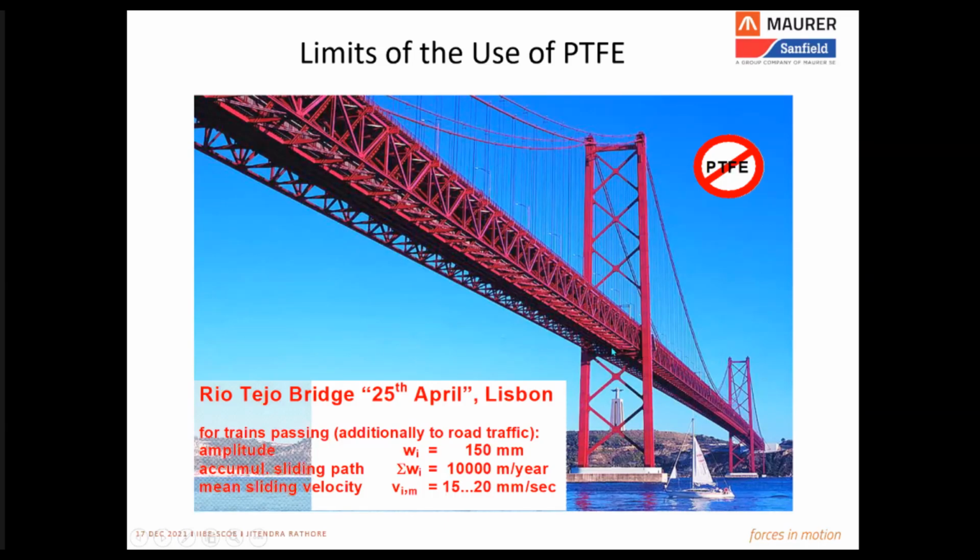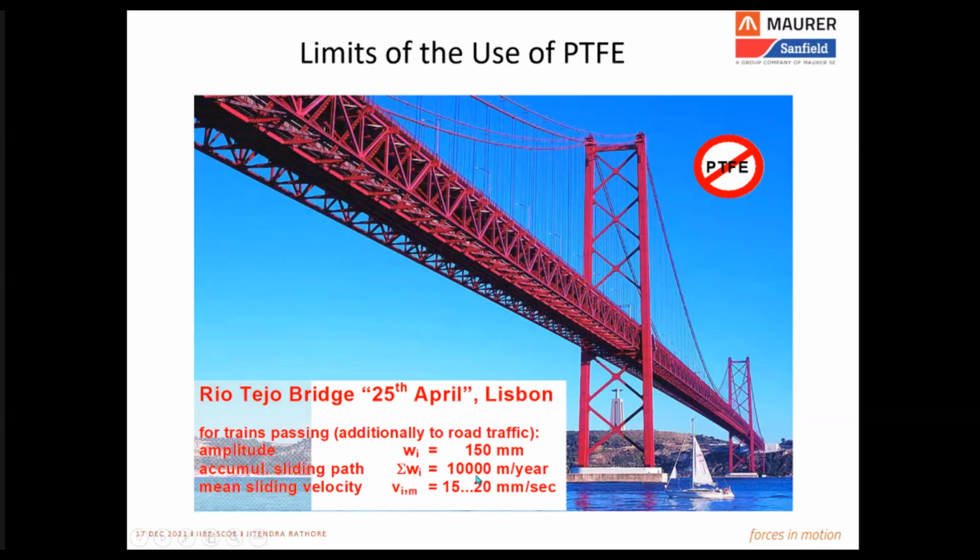When the monitoring of the bearing location was done, with the passage of a high speed train, the amplitude of movement at the bearing location went as high as up to 150 millimeter. With every movement cycle of the train, the bridge is moving backward and forward up to 150 millimeter. That is the magnitude of dynamism in this structure.